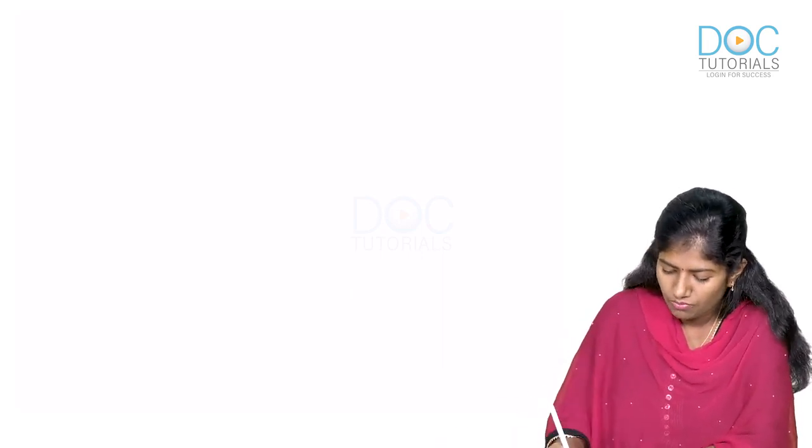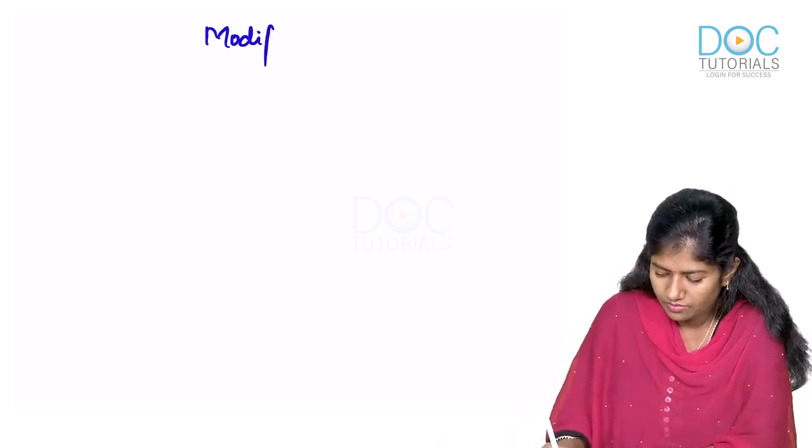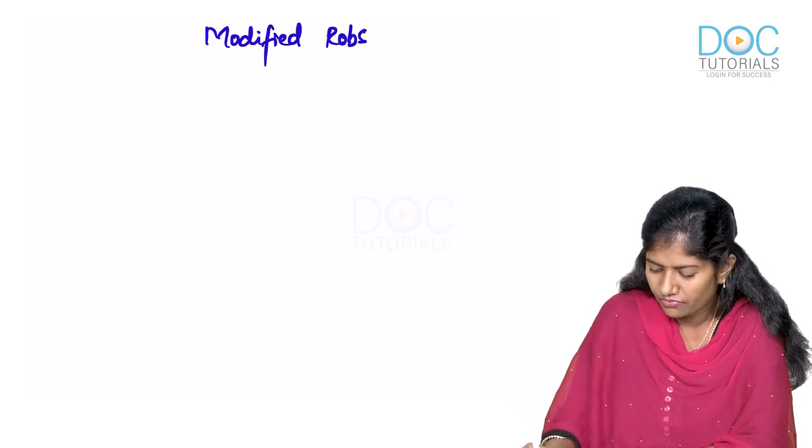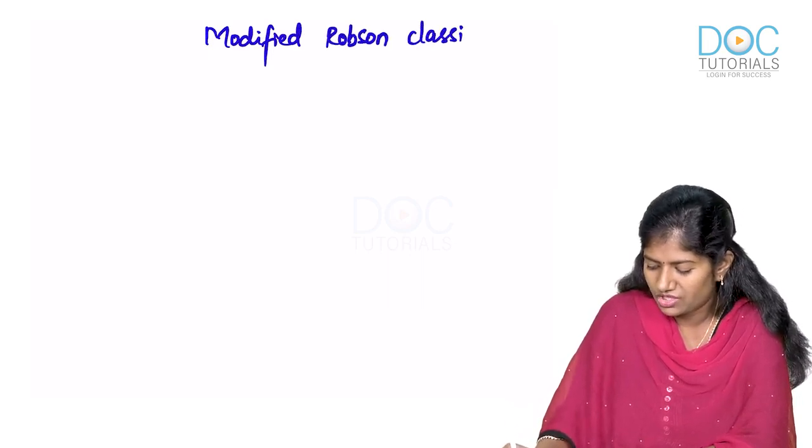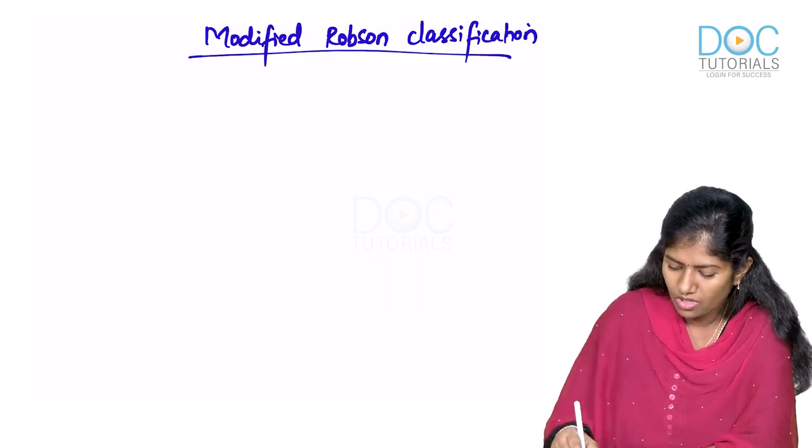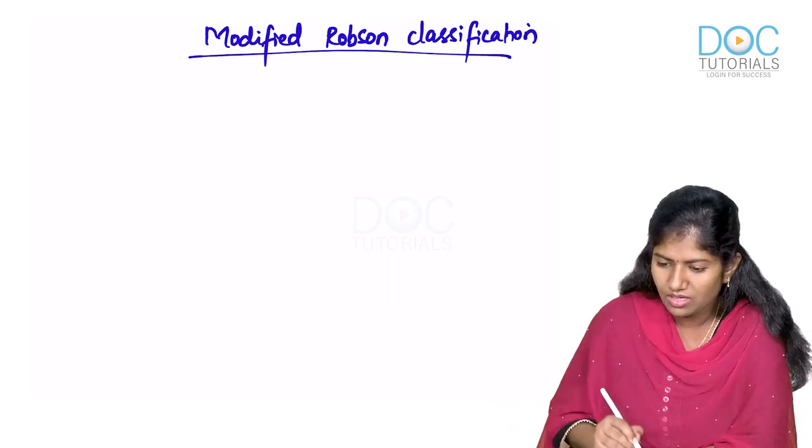I'll tell you now. Modified Robson classification. Okay. What is class 1 according to this classification?